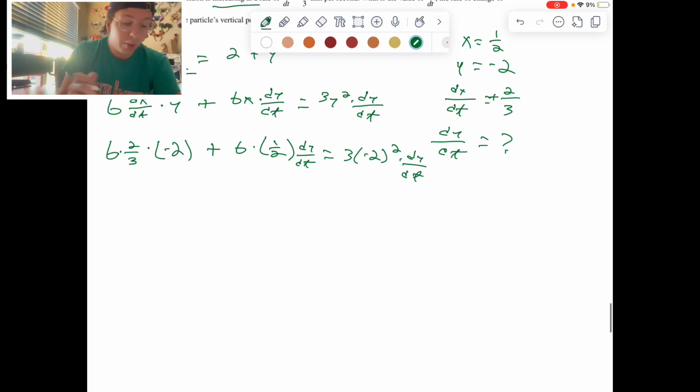Let's clean up some of these numbers. Okay, so 6 times 2/3, that is going to be 4. And then 4 times -2, that is going to be -8. Plus 6 times 1/2, that is going to be 3. And I'm going to keep that dy over dt with it. And then 3 times -2 squared, -2 squared is 4. 3 times 4, that is a 12.